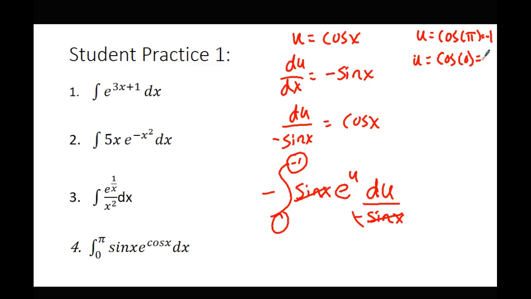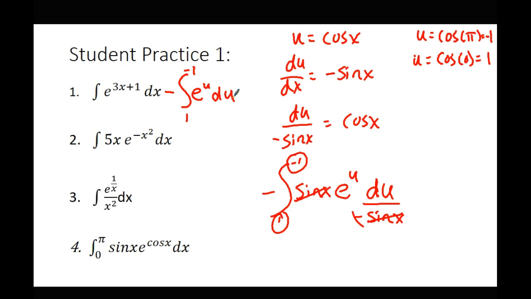What's that? That's 1. So let me write it prettier now. We have a 1 on the bottom and a negative 1 on the top, a negative out here, and it's e to the u du. Now I don't know if this looks weird to you guys because we're supposed to usually have the bigger number on top, right? Smaller number on the bottom. But when you do u substitution, this can happen, and we're going to leave it like that.